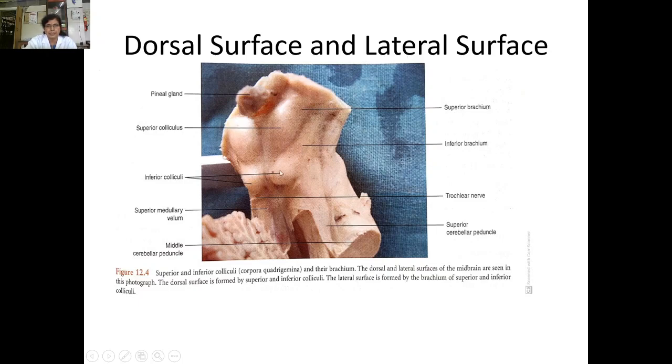The inferior band connects the inferior colliculus with the medial geniculate body, and is called the brachium of the inferior colliculus or the inferior brachium. So on the lateral surface of the midbrain there are the superior brachium and the inferior brachium. So this is about the dorsal and lateral surfaces of the midbrain.